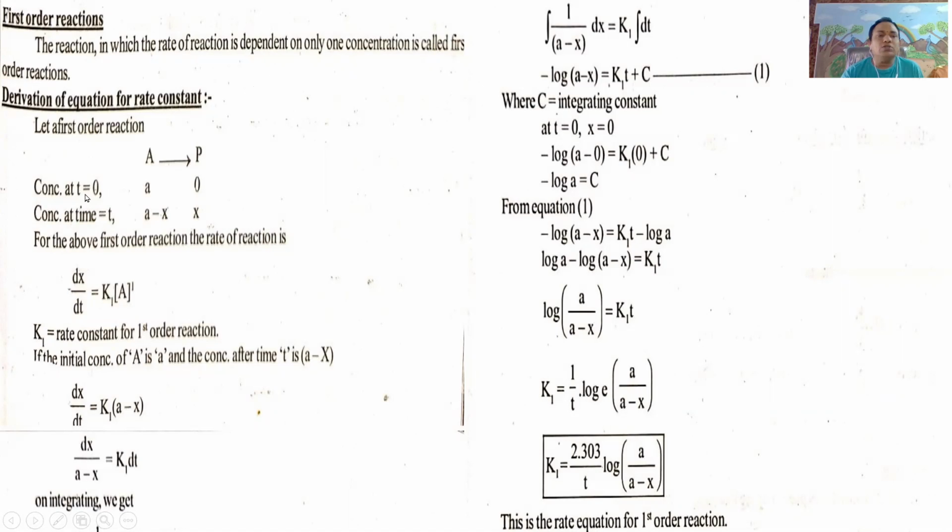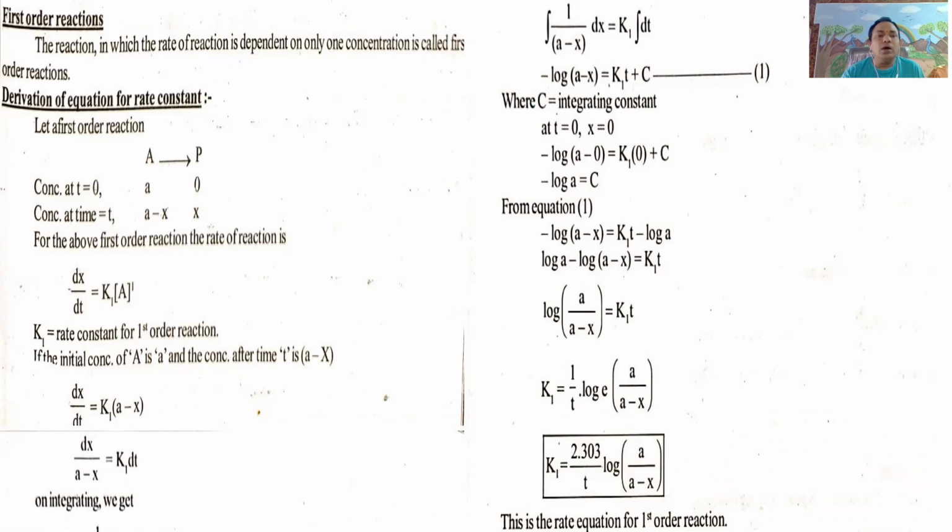Initially, the concentration of reactant is a moles per liter. When t is equal to 0, the product concentration is 0. But when the reaction is going on, after t seconds we obtain x moles per liter of products. At that time, the concentration of the reactant is a minus x.